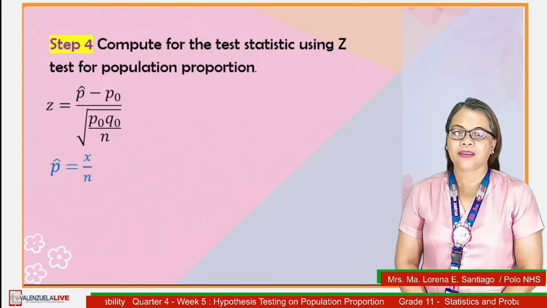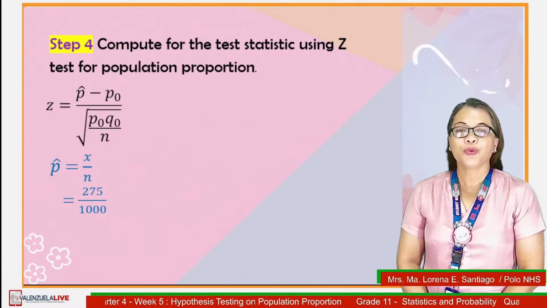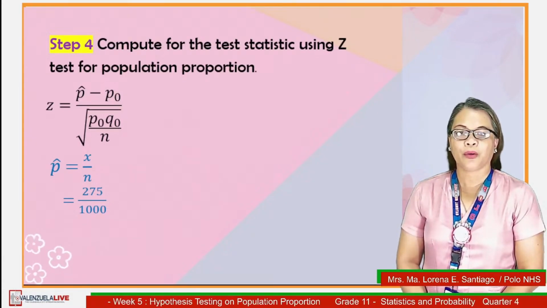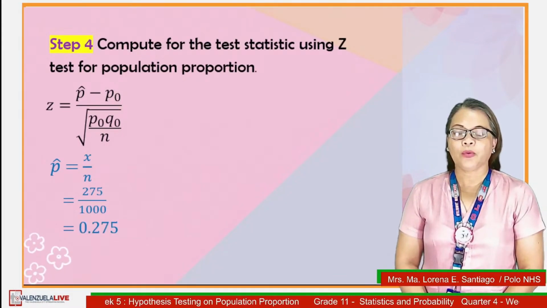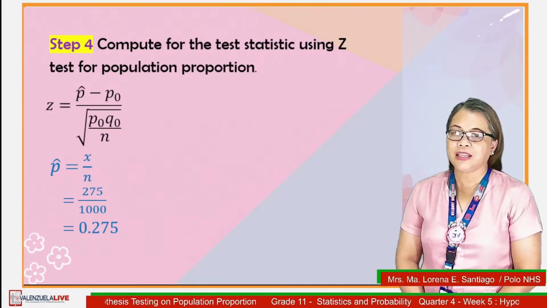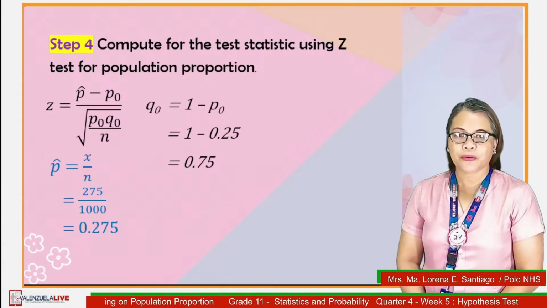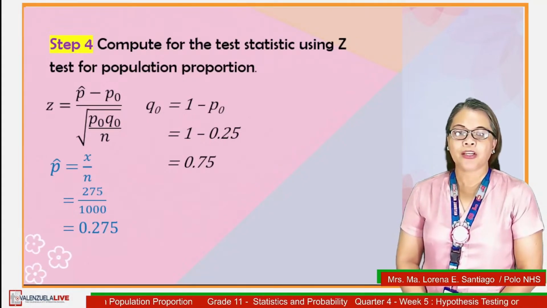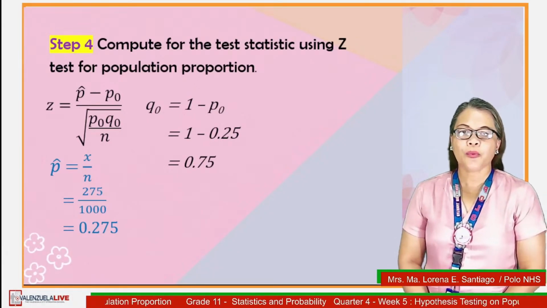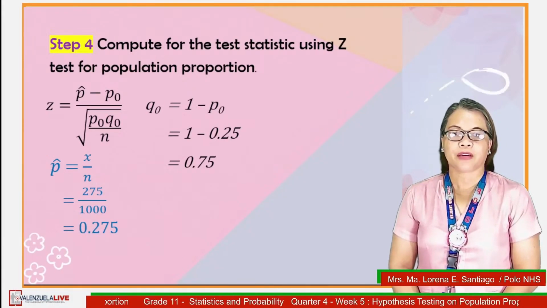For p hat, which is equal to x over n, we will be using 275 divided by 1,000, and that is equal to 0.275. So we will be plugging that into our formula. And q sub 0 would be from 1 minus p sub 0, which means you will have q sub 0 equal to 0.75.